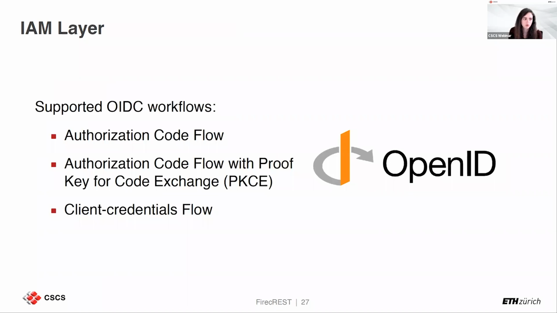And some more information about what the supported OIDC workflows are, the ones that we at least have tested with FirecREST. We have the authorization code flow, which is typically used for a regular web application executing on a server.